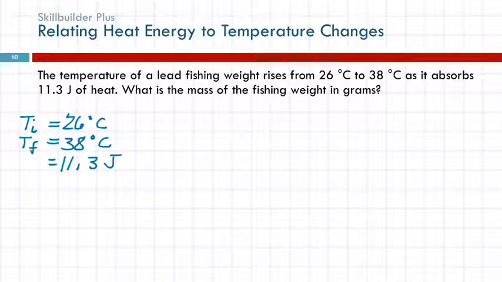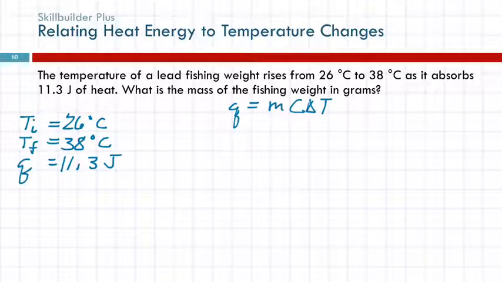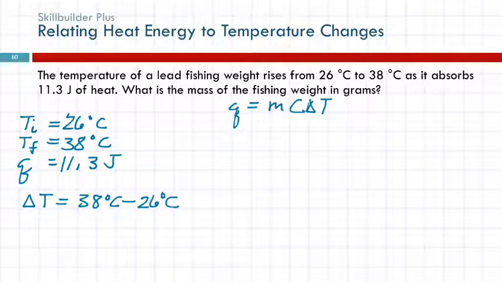11.3. In the Q equals mc delta T, what is that? It's Q. Q is heat. So this is Q. And we could calculate delta T. Delta T is going to be the final, 38, minus the initial, 26, 12.